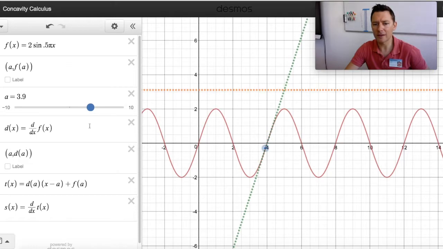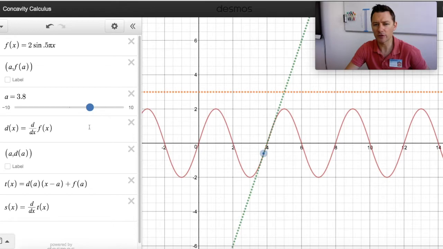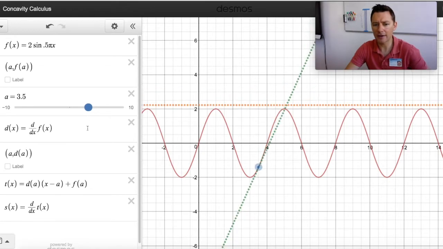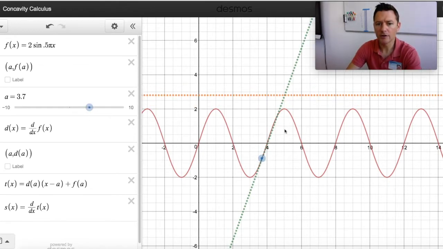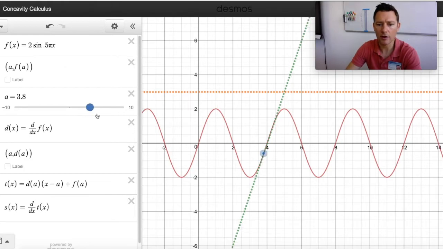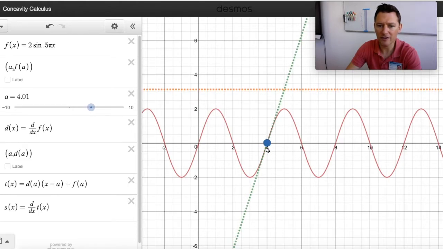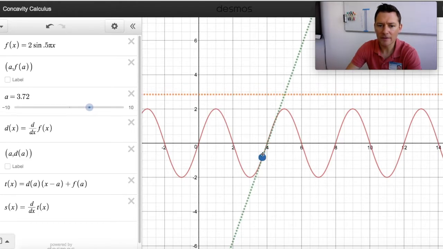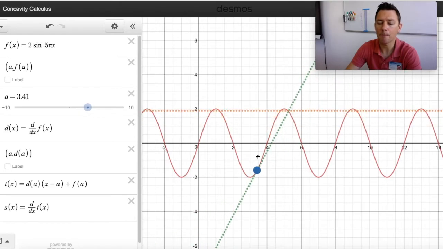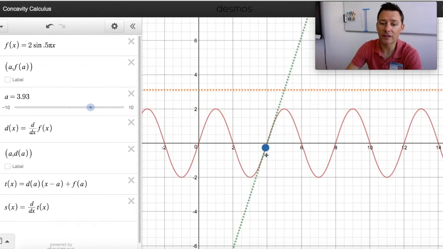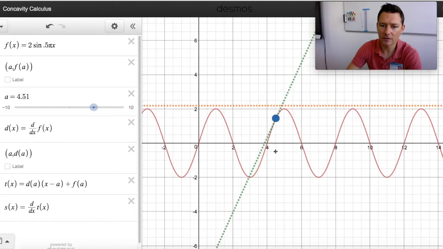Right here, when you get this maximum slope, you can see that the slope doesn't really change much through there. And that's when it's going from concave up right here to concave down right there. I can just drag this. You can see that right here there's a pause where the slope stops changing. The slope stops increasing and starts decreasing, right?